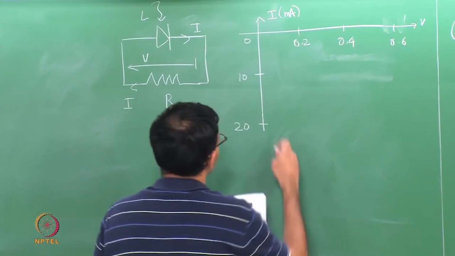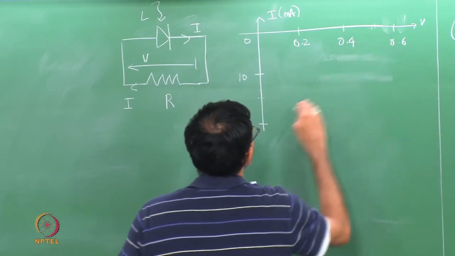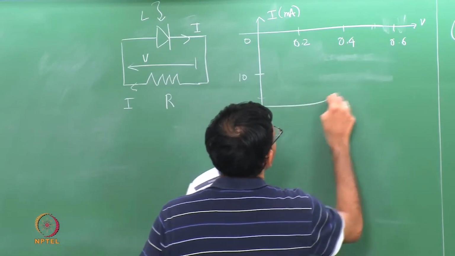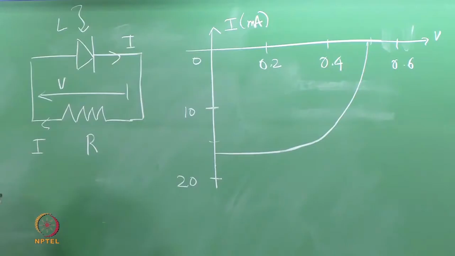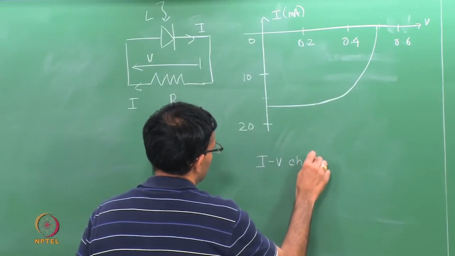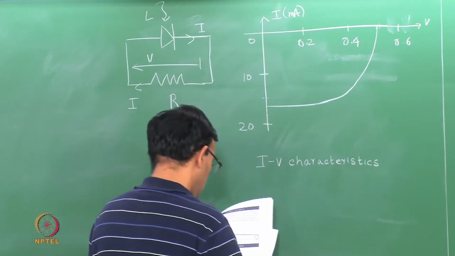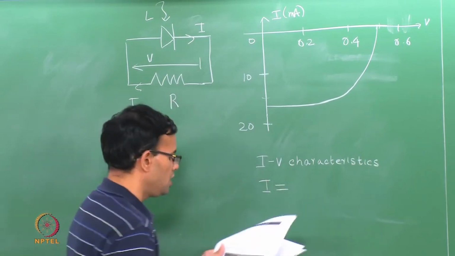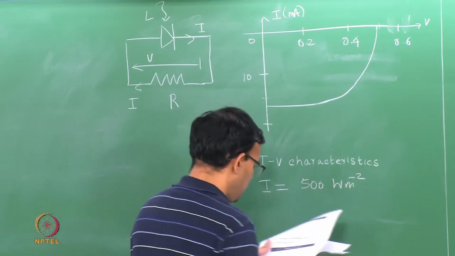So, the IV characteristics. So, this is the IV characteristics of the solar cell. So, this is drawn when the illumination is 500 watts per meter square.